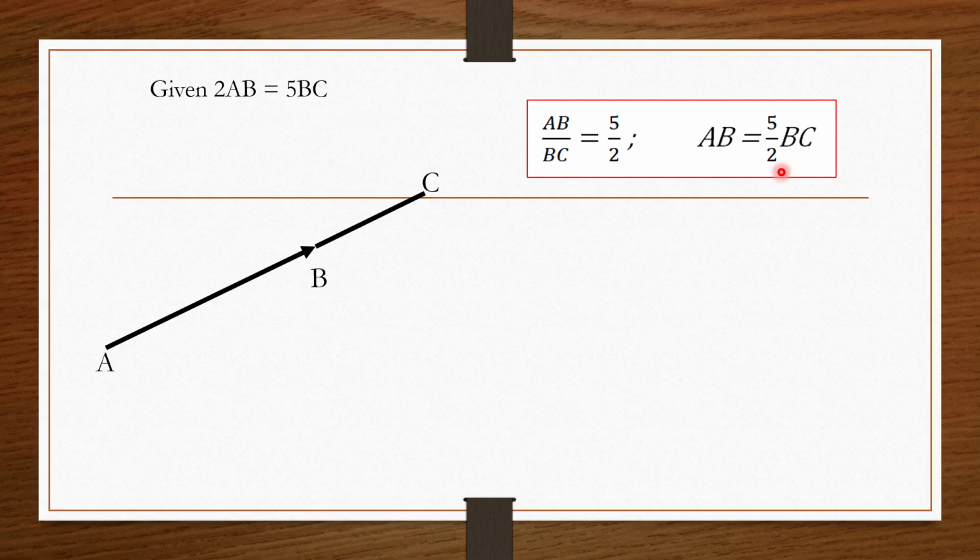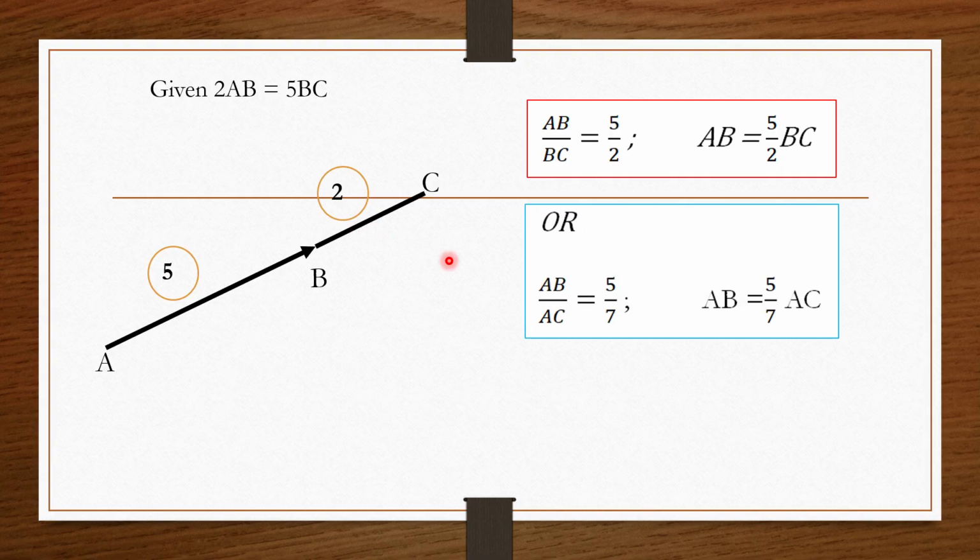Now you know the ratio between AB and BC, so you may write it in the diagram, AB as 5, BC as 2. Based on these ratios, we can form other equations such as AB over AC.